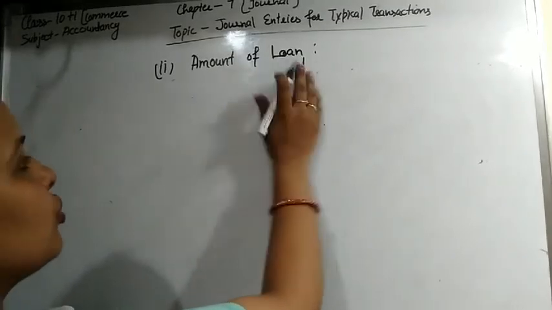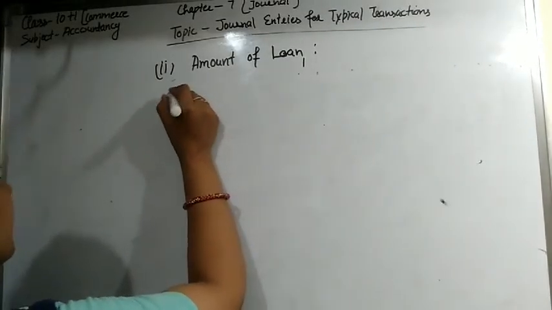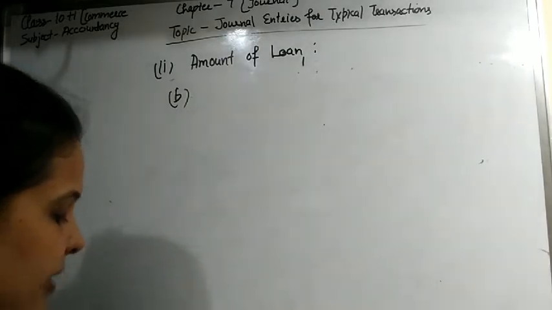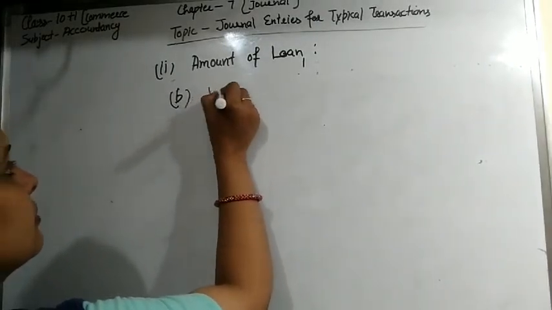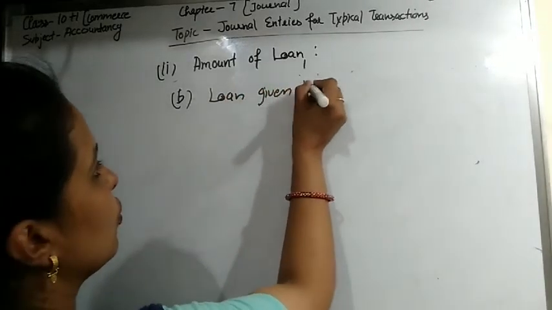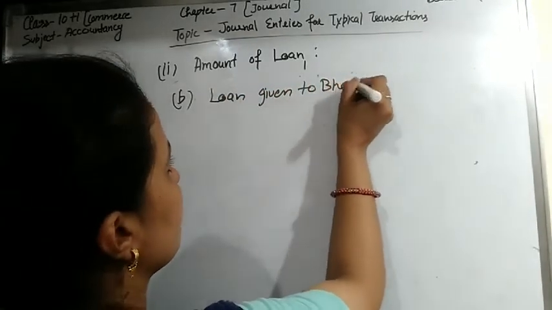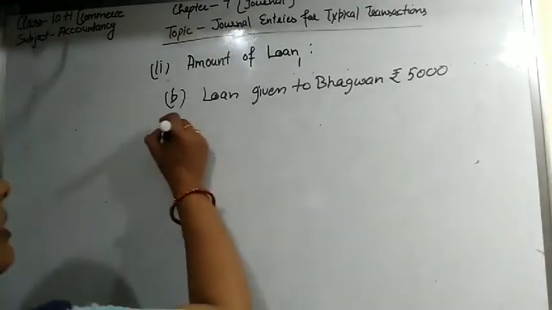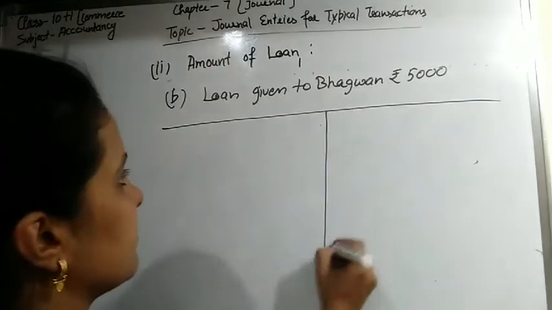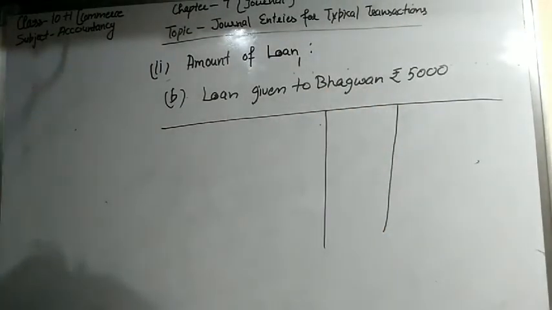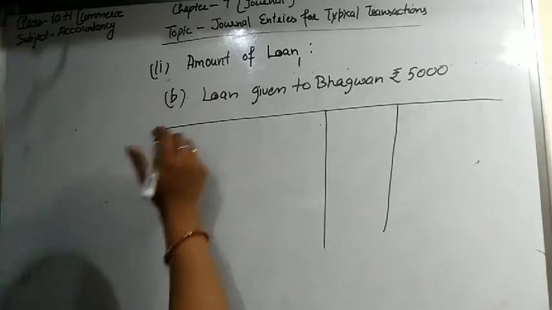The other condition under amount of loan, students, is: loan given to Bhagwan for rupees 5,000. At that time the entry will be: loan to Bhagwan account is debited.